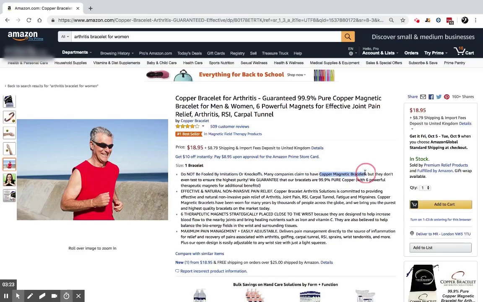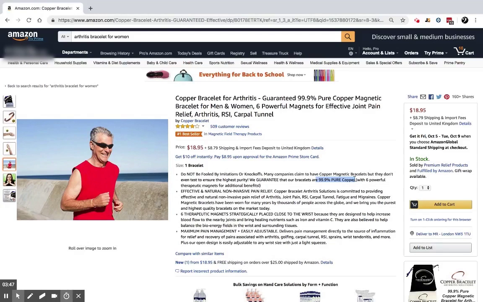Copper magnetic bracelets is obviously a keyword. I can't see any others. 99.7% pure copper is basically a feature, but it's not really a reason to buy. Why would we care that it's pure copper, unless it does something for me? For example, pure copper so it won't mark your arm would interest me, or has a higher therapeutic effect, whatever you believe to be the case.